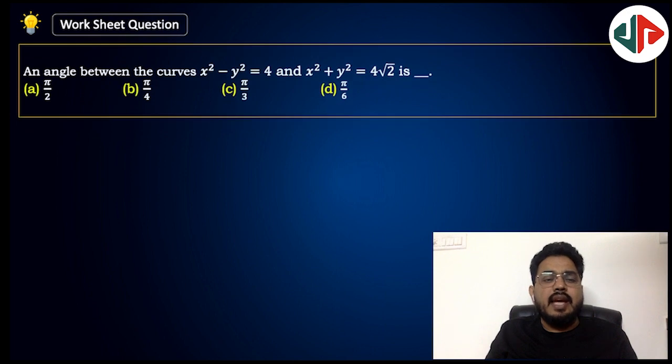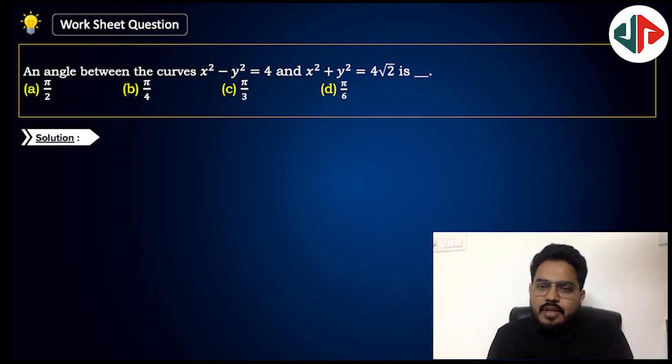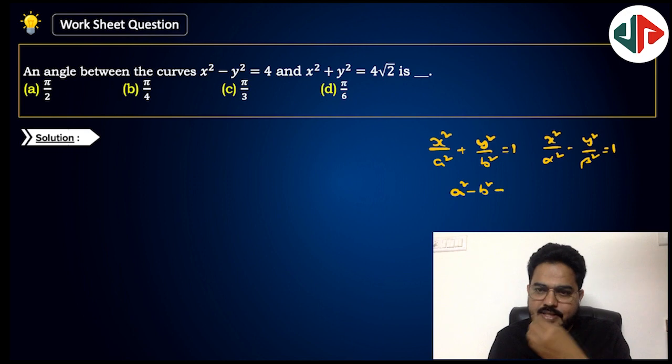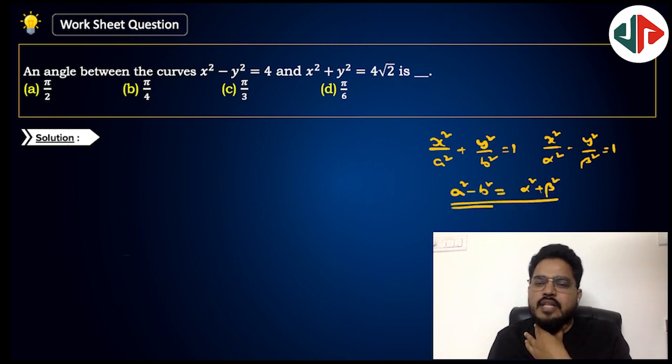Next question is the angle between two curves, x square minus y square is equal to 4, a rectangular hyperbola, and this one. I already told you, if the equation is like x square by a square plus y square by b square is equal to 1, and the next one is x square by alpha square minus y square by beta square is equal to 1, for example if a square minus b square is equal to alpha square plus beta square, they are called confocal.